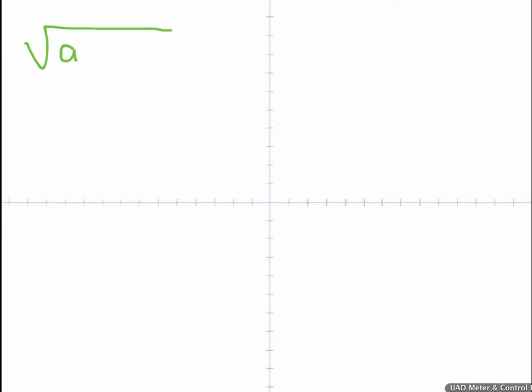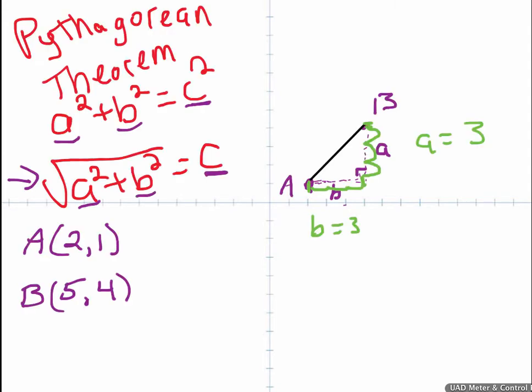So I got a squared plus b squared, all that underneath the radical sign. It's going to equal my c. My c is going to be my distance. All right. Now, remember B is 3 and A is 3.